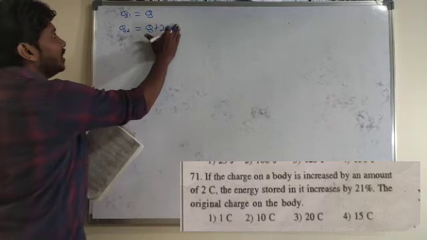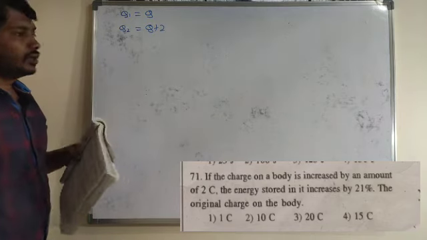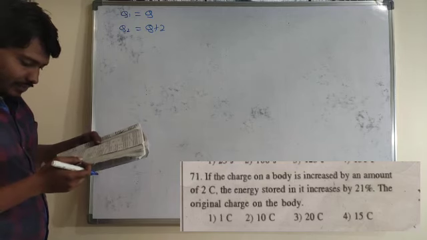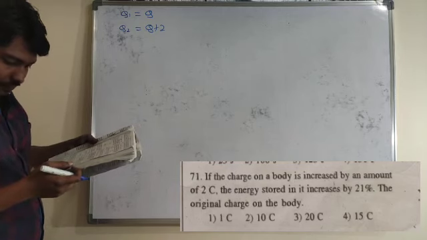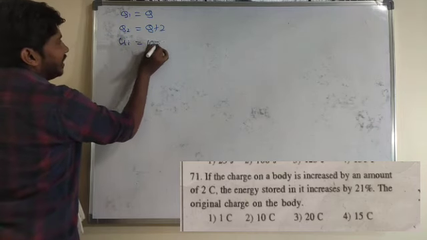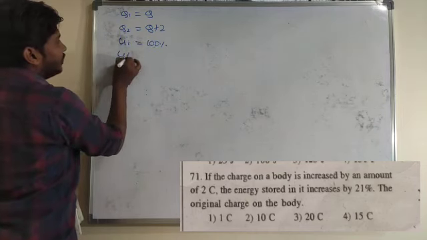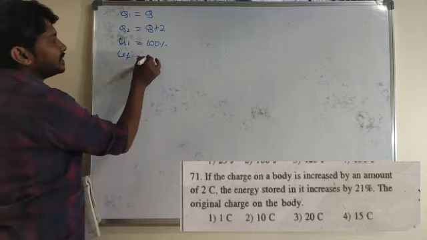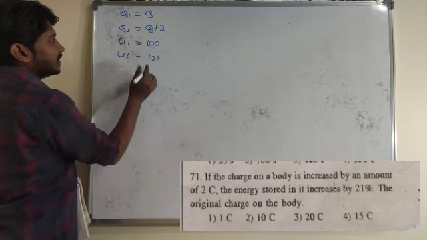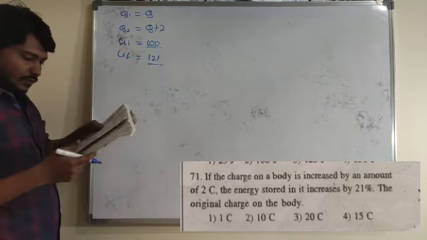So q plus 2, that is the charge increased by 2 coulomb. The energy stored is increased by 21%. Initial energy is 100%, so a final energy with 21% increase means 121. Energy stored initially is 100, finally it is 121.